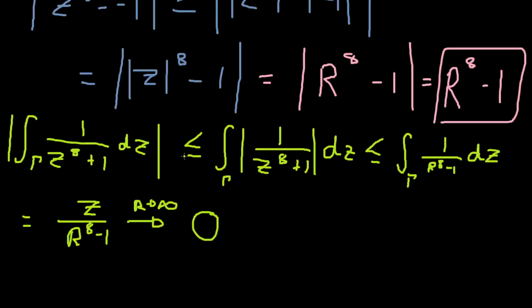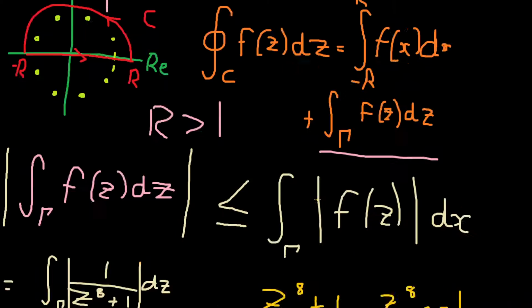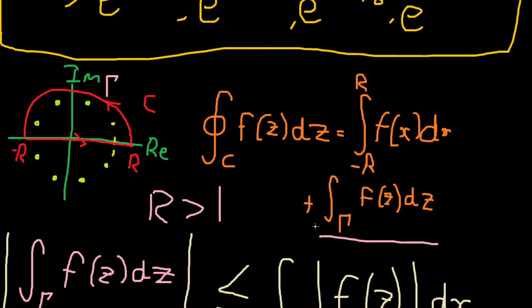So we get that this original integral, the absolute value of that, is less than or equal to 0 as R goes to infinity. The only way that this could be true is if this original integral here goes to 0. So now let's assume that R goes to infinity. That means that this right here goes to 0.